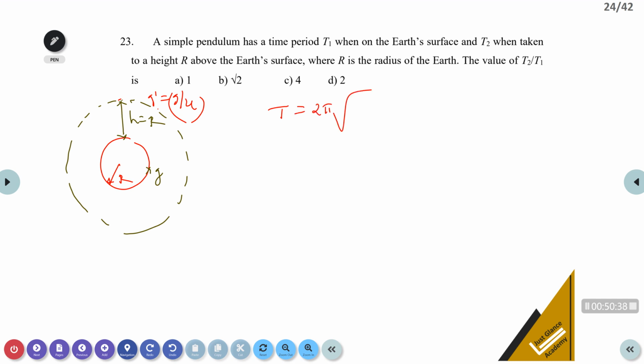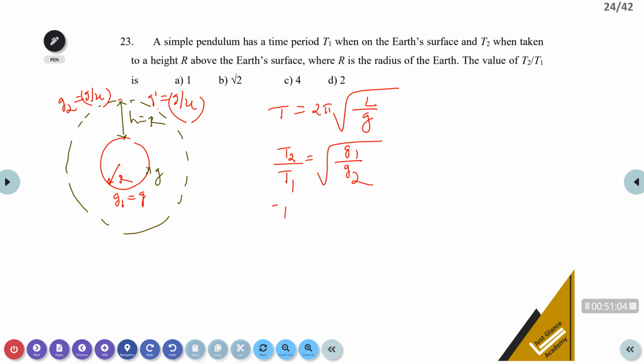T equal to 2 pi square root of L divided by g. T and g are inversely related, so can I write T2 by T1 equal to square root of g1 divided by g2? g1 is nothing but g. g2 is nothing but g by 4.